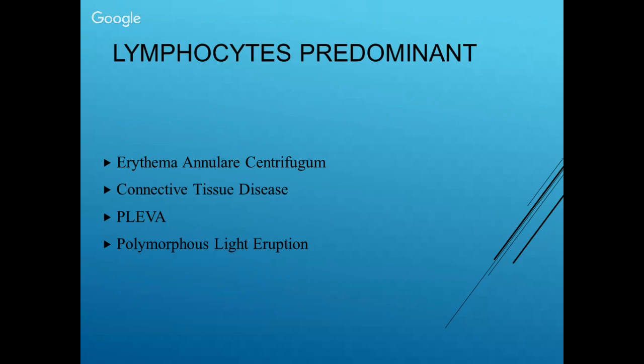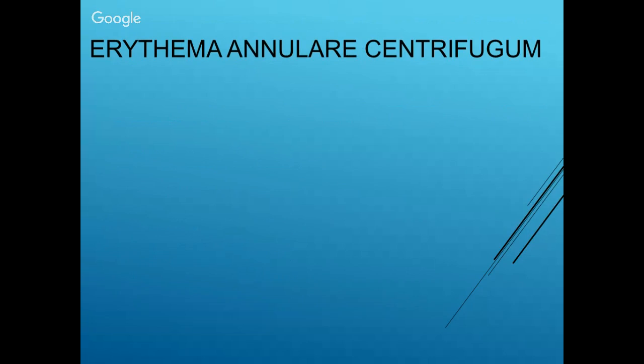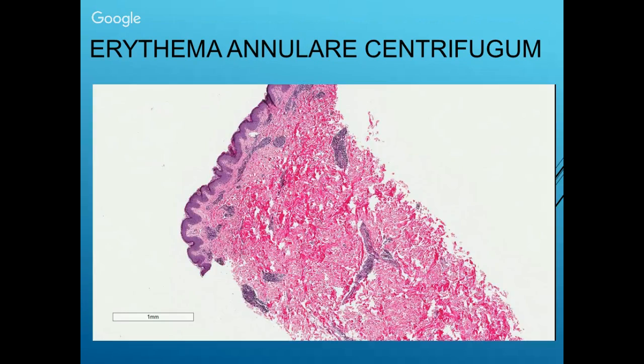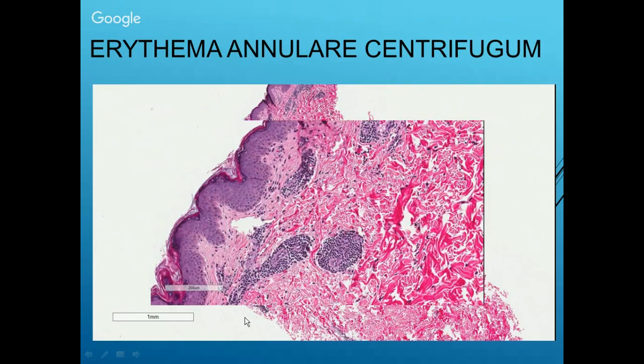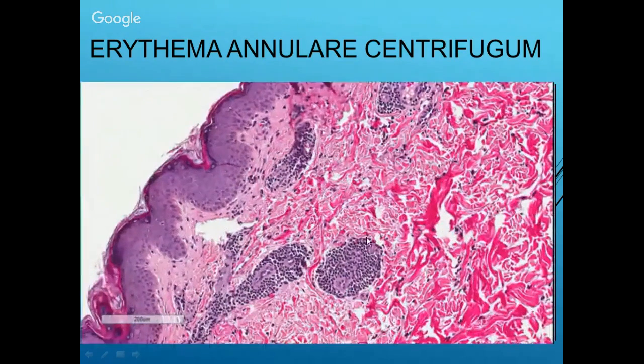The other thing that you need to know as a pathologist is EAC actually. It's known as erythema annularis centrifugum. So what do you see in that? Superficial and deep perivascular inflammation, not much changes in the epidermis. Very characteristically, this inflammation is called coat sleeve inflammation. So like you have a coat sleeve, what is the characteristic feature of a coat sleeve?